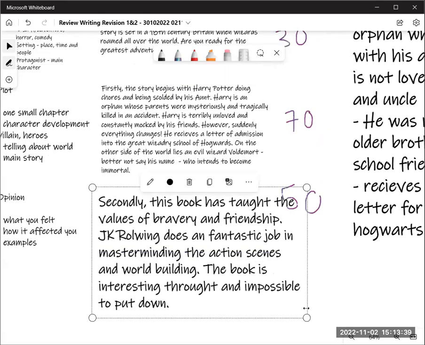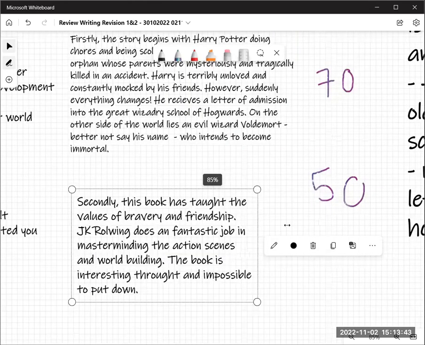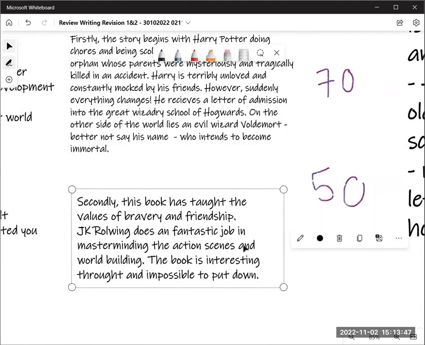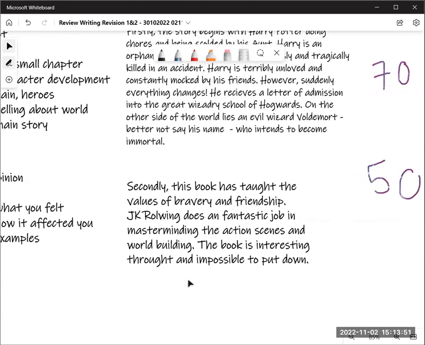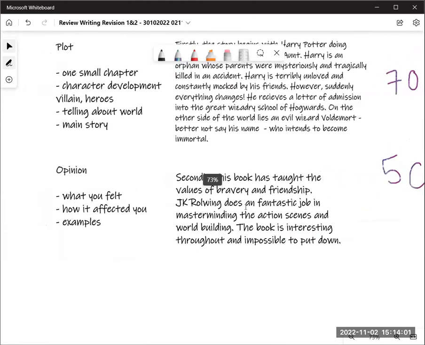Now, what's happening here? You mentioned a few things. You mentioned everything. What has the book taught you? You gave an example about action scenes, world building, and you also described your opinion that the book is interesting throughout, and it's impossible to put down. Now, these are phrases. Let's check the number of words on this.